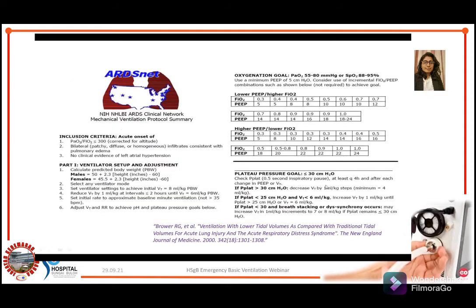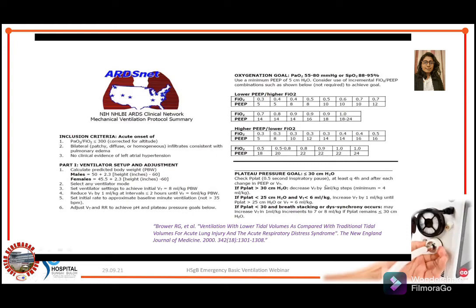So previously, in the year 2000, we used to talk about the ARDSNet protocol, which means that once you have a patient who fulfills your inclusion criteria of ARDS, you start up the ventilator with the adjustment given, and then your goal for ventilation would be PaO2 55 to 80 and saturation 88 to 95%.